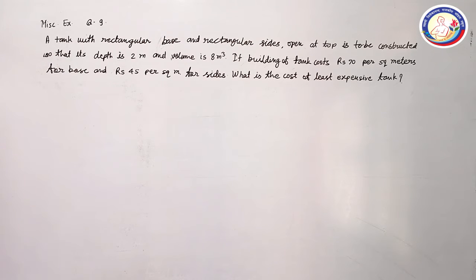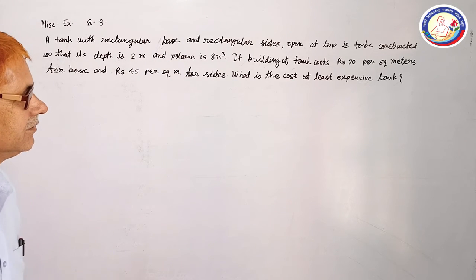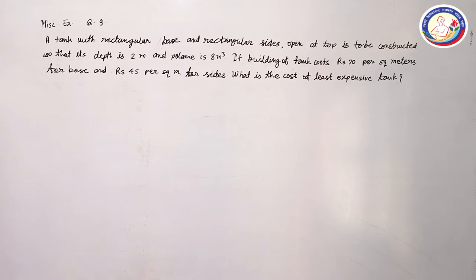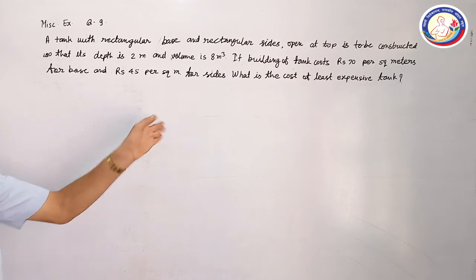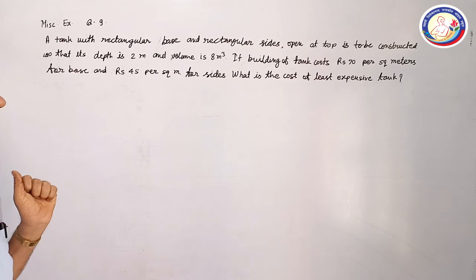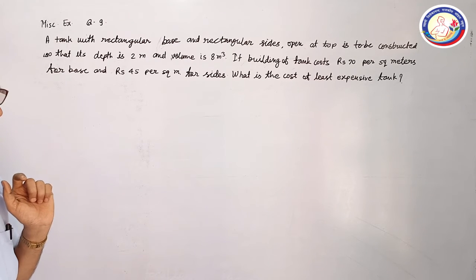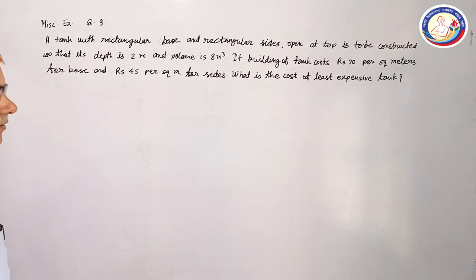If building of the tank costs so and so per square meter for base and for sides, what is the cost of the least expensive tank? So we start.